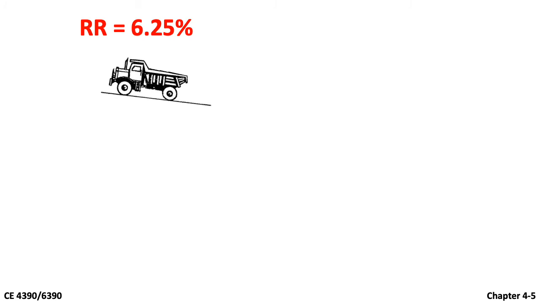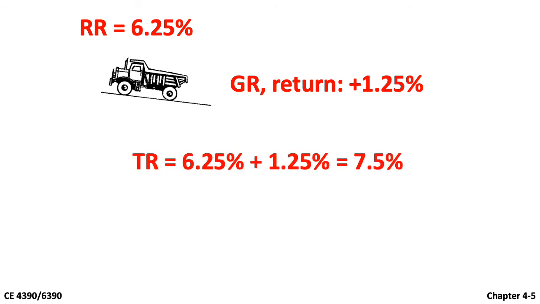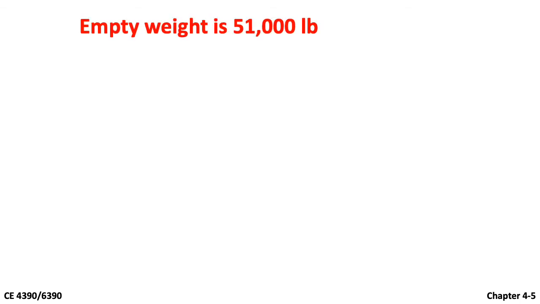When returning, the truck goes uphill, so the grade resistance is going to be 1.25%, and by adding the rolling resistance of 6.25% with 1.25%, you get the total resistance of 7.5%. During return, the truck is empty, so the total weight is 51,000 pounds. This is given in the problem statement.